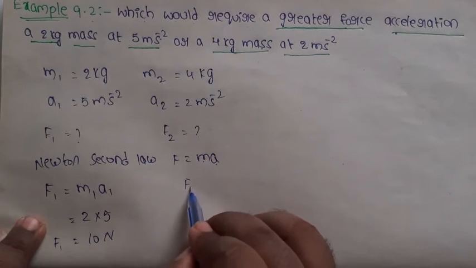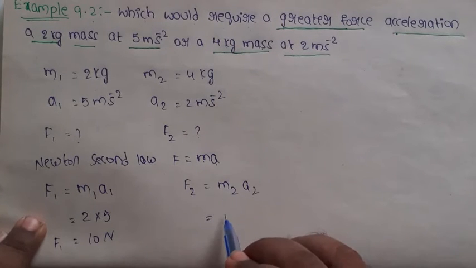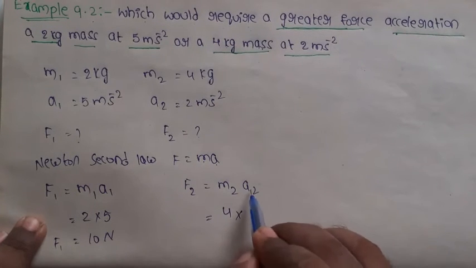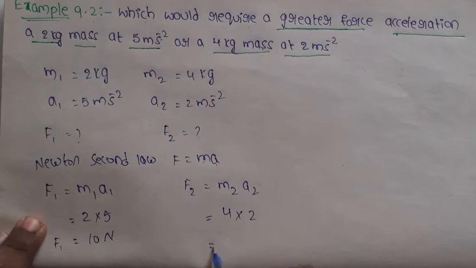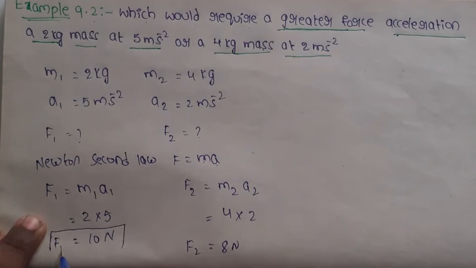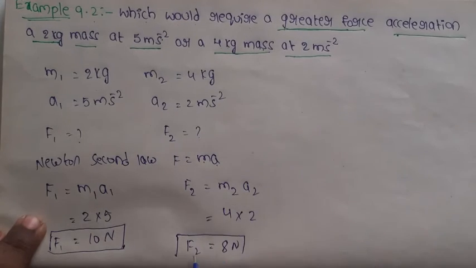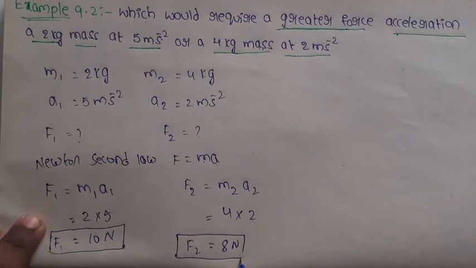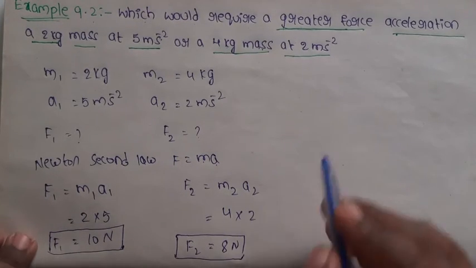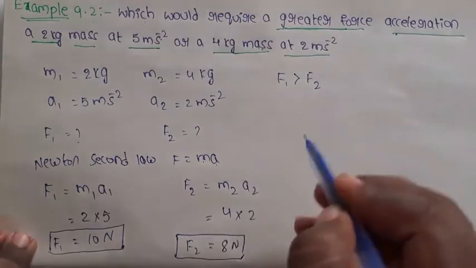Next I am going to find F2 equal to m2 a2. m2 means 4 into acceleration 2 meter per second square, 4 2s are 8 Newton force. So the force acting on the first object F1 equals 10 Newton, and the force acting on the second object is 8 Newton. Which is greater? F1 is greater than F2.